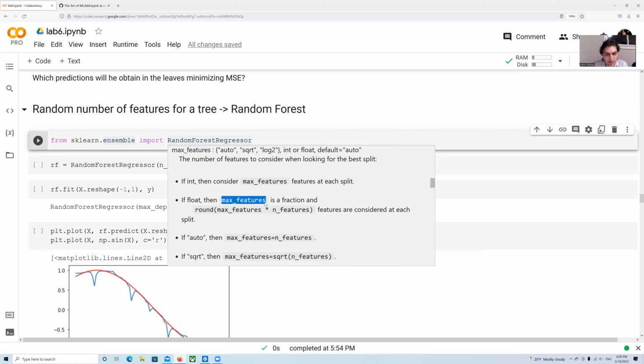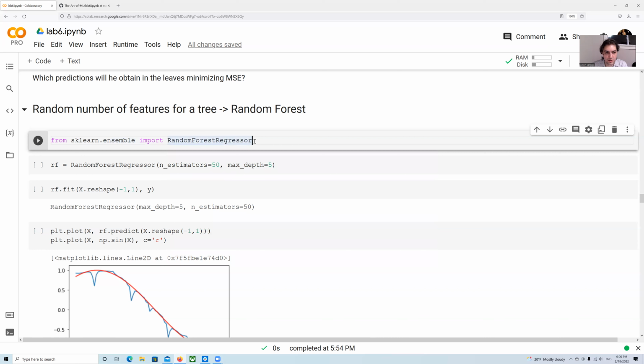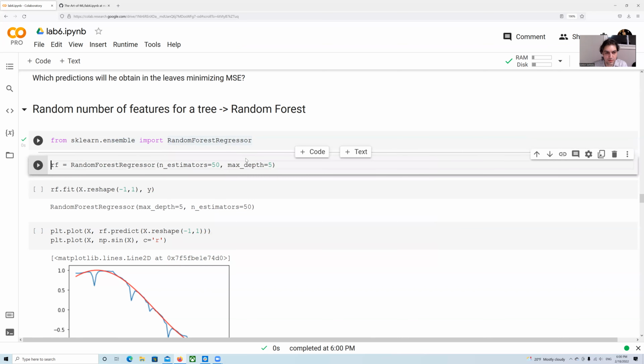This parameter is calculated automatically. There are some recommendations on how to choose it. I will give them later, but you can also set it manually. It is the number of features chosen randomly for training of each tree in the forest. So I took 50 trees and the depth of each tree is 5.